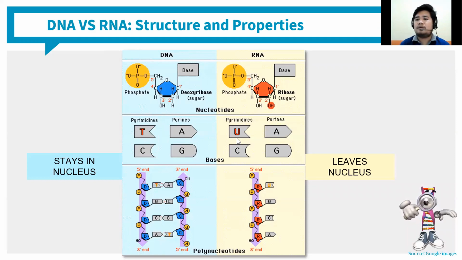Minsan, because a person, for example, is exposed to radiation or some other toxic chemicals, nagkakaroon ng pagkakamali dito sa pairing na to, no? Yun yung tinatawag na mutation sa tao. Sa mga plants, okay lang yung mutation.